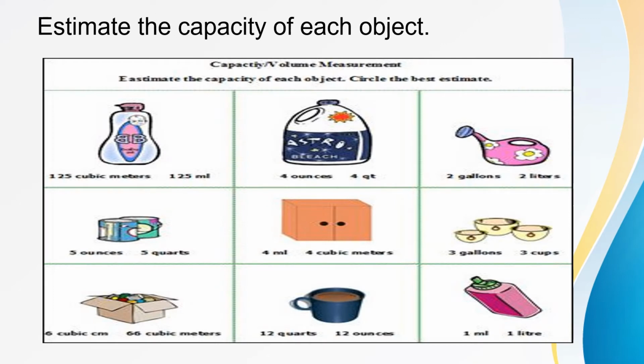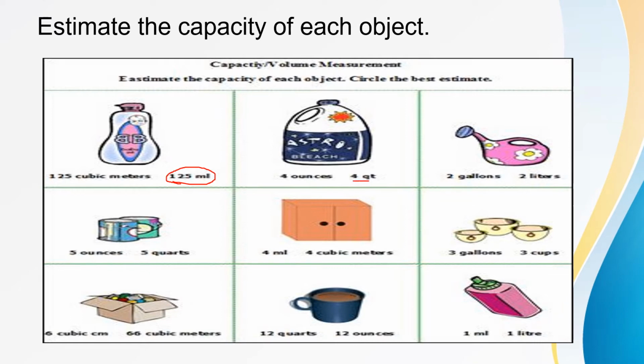Okay, again, we have to estimate the capacity of each object. For here, we have the baby lotion, 125 cubic meters or 125 ml. So we have here 125 ml since it's liquid. What about this? 4 ounces or 4 quarts?